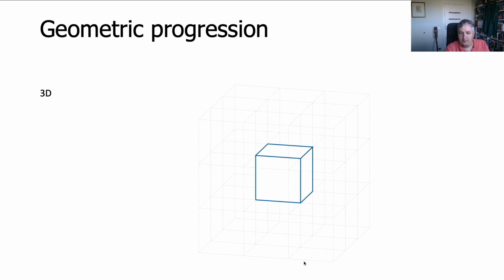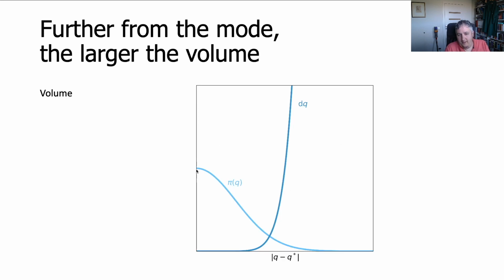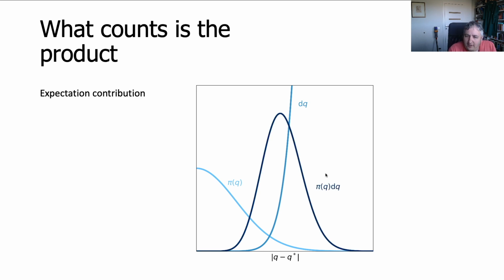When we move away, the volume rises. So when we are getting further from the maximum, there is more and more volume to account for. Because we have to integrate over all dq, the product pq times dq looks somewhat like this.